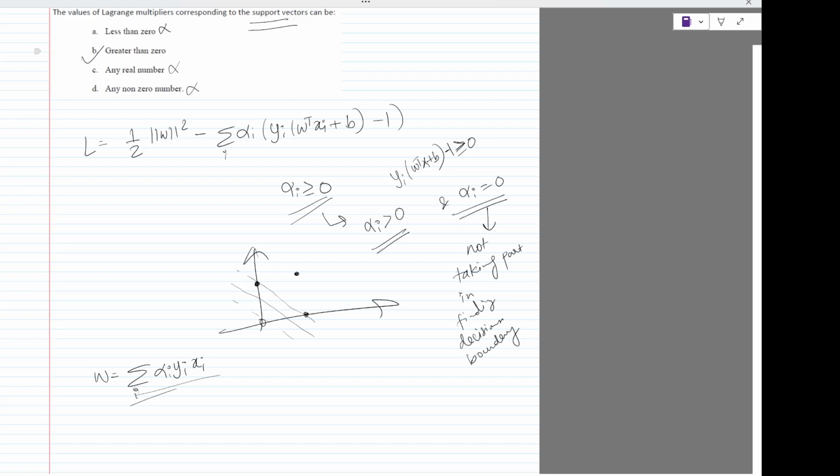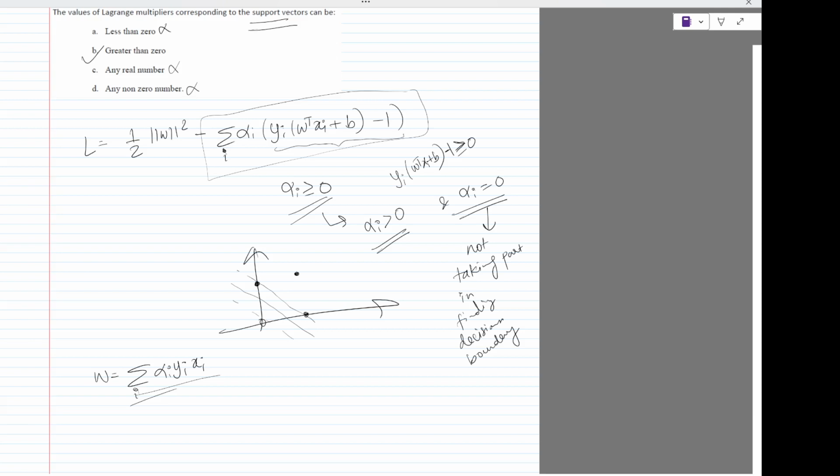If you look at this part, for your support vectors, this term y_i(w transpose x_i + b) minus 1 will be equal to 0, but alpha will be greater than 0.